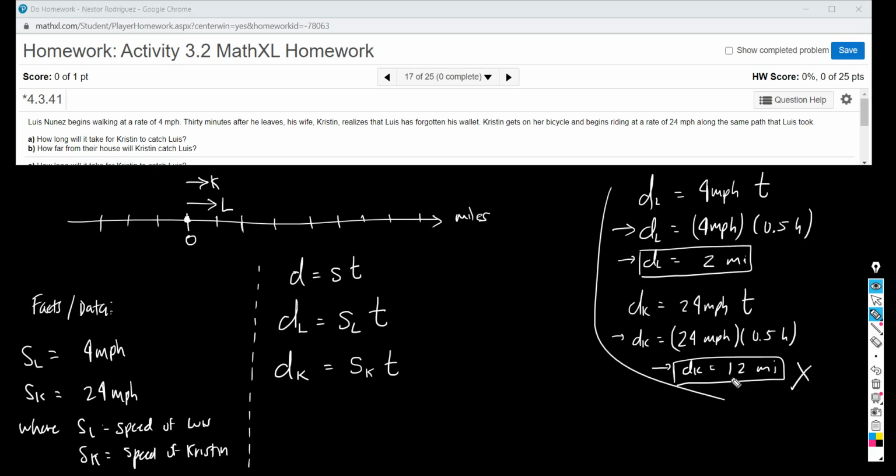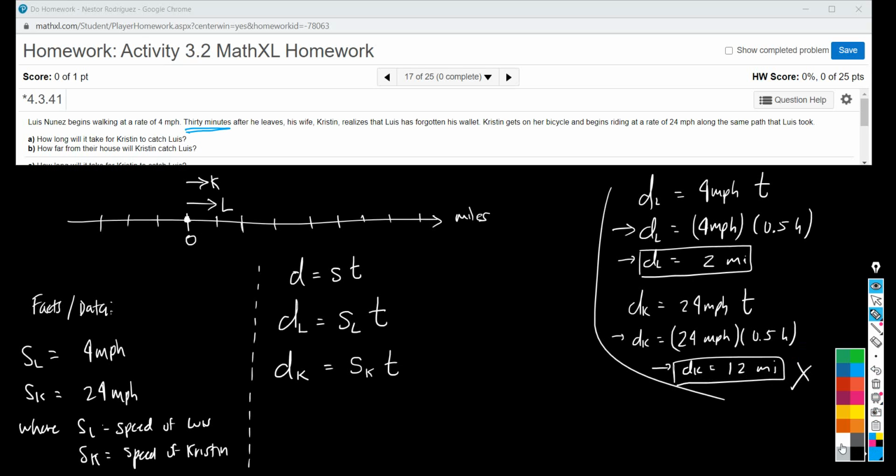Because she leaves half an hour after Luis starts walking. 30 minutes is half an hour, or 0.5 hours. At that time, Christine is still at her home, about to travel, but not yet. So this number should actually be zero. You see what I mean?